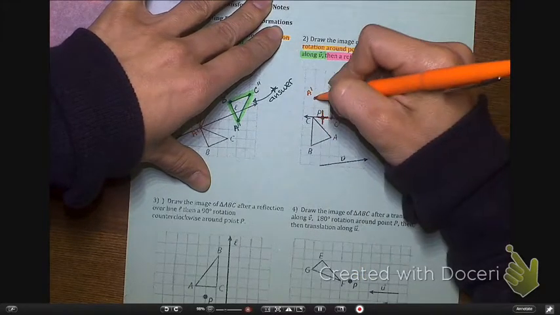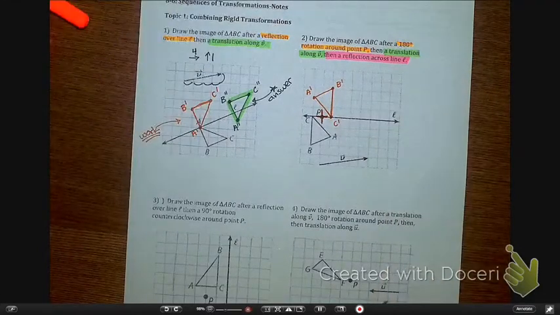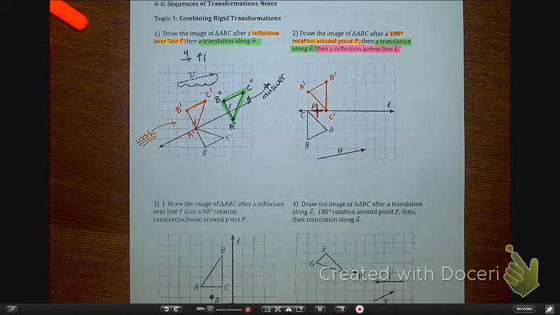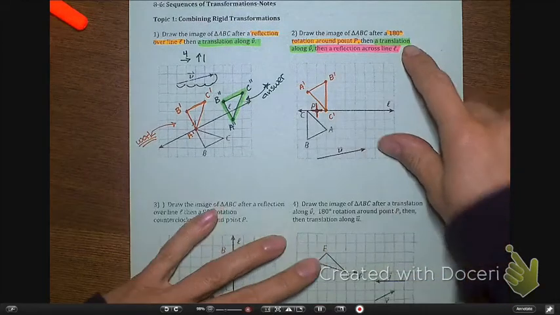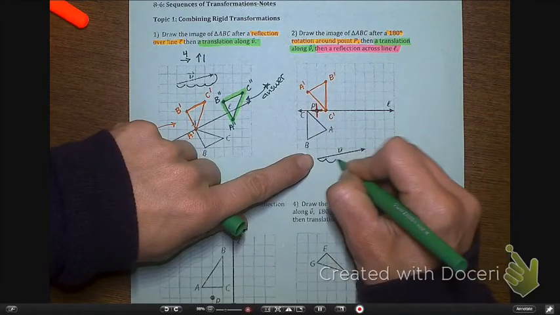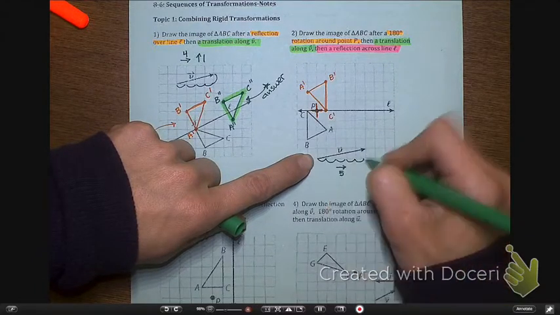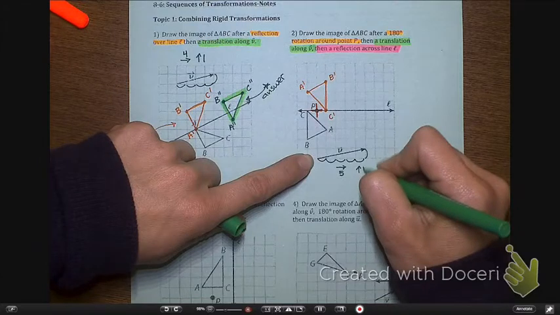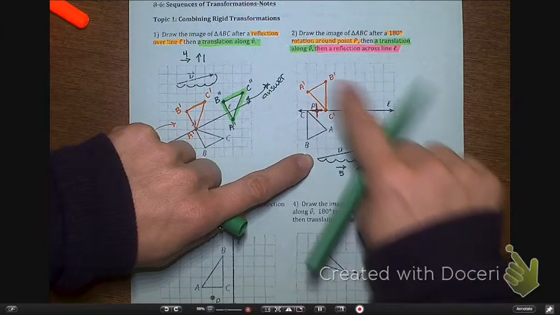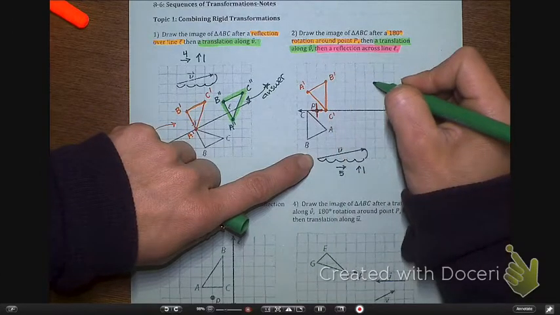Are there any questions on how we did that first rotation? Catherine? Okay, so what's your next transformation you're going to do? Next it said translation along vector v. So let's go down to vector v and see what our rule is here. We are going right 5, and then we're going up 1. So I'm going to take every point from this new shape and go right 5, up 1.